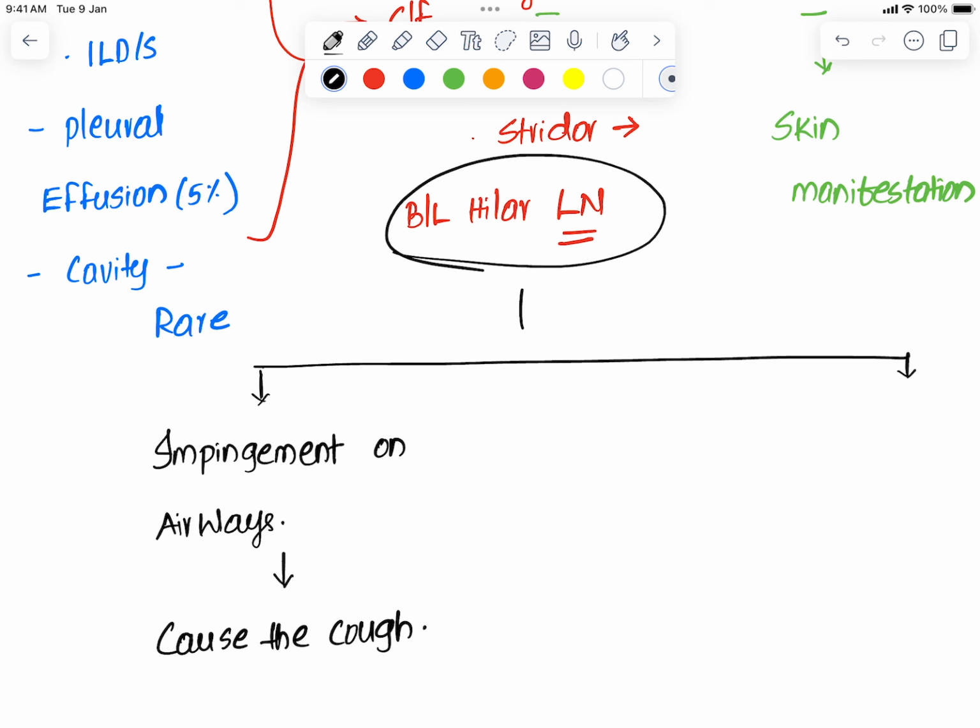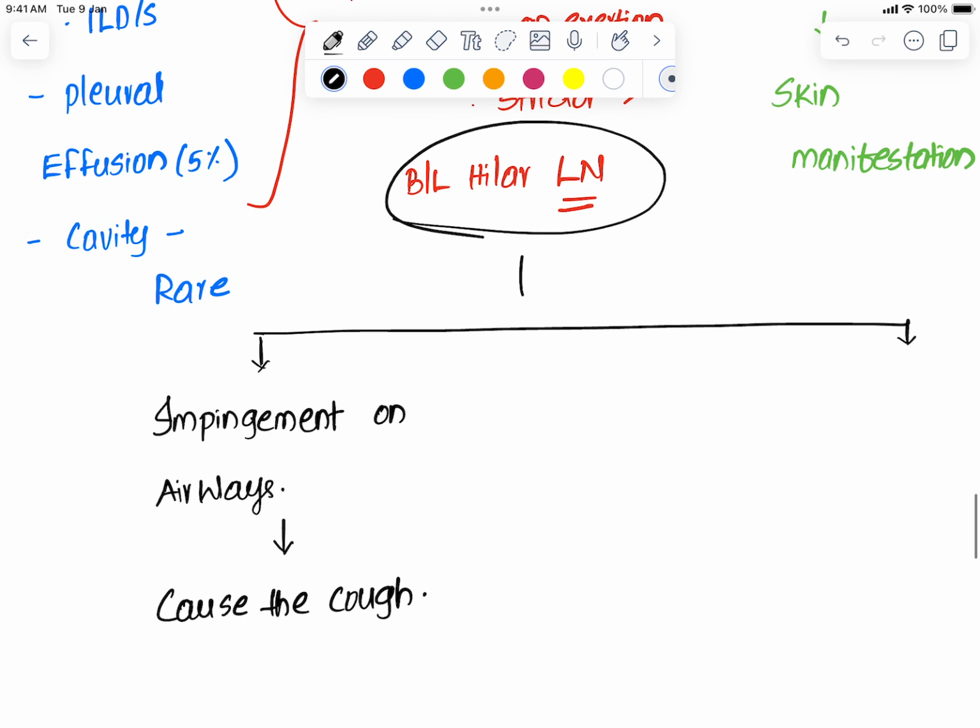Here the cough is mainly because of the bilateral hilar lymph node enlargement compressing the airway, and this cough will not respond to any form of antitussives.